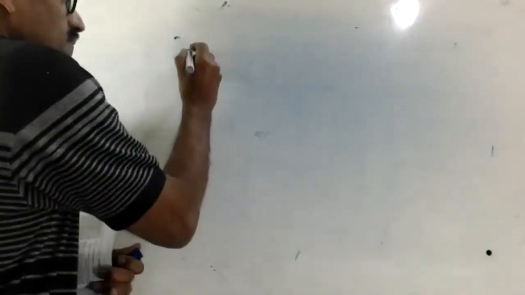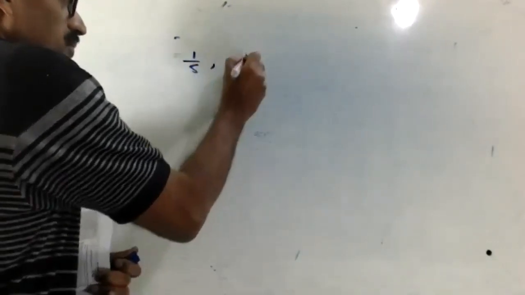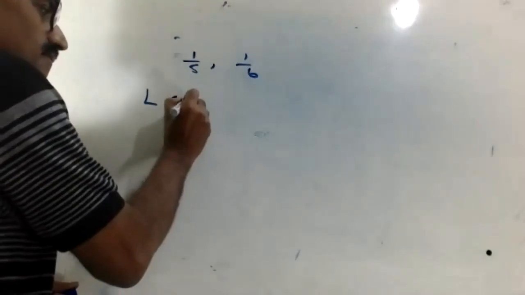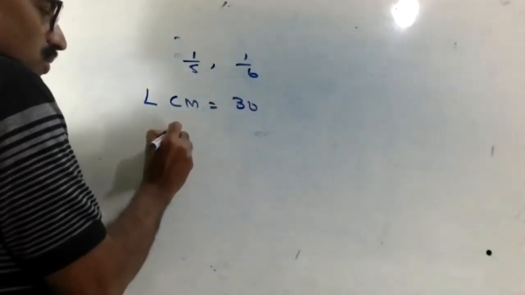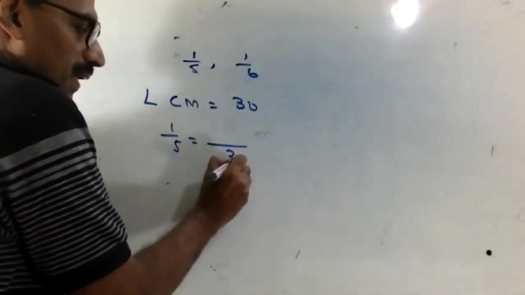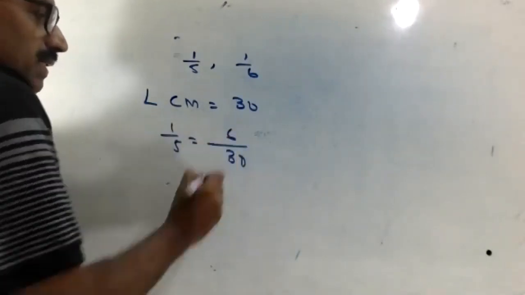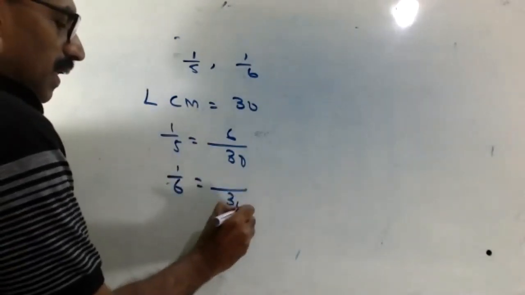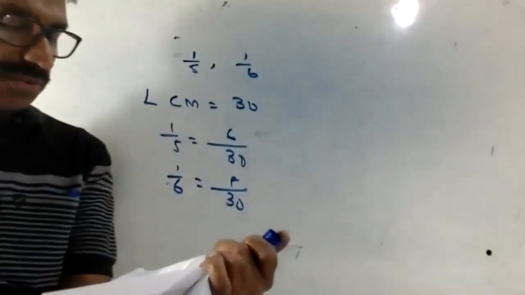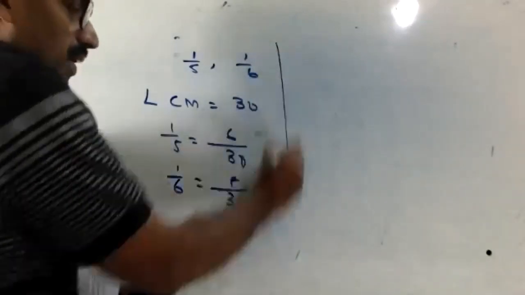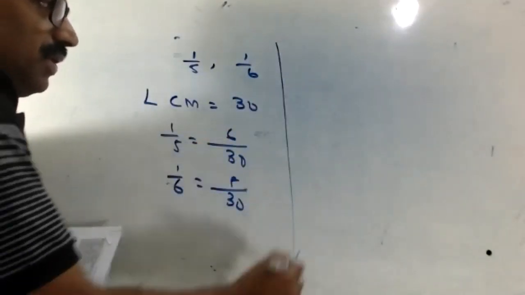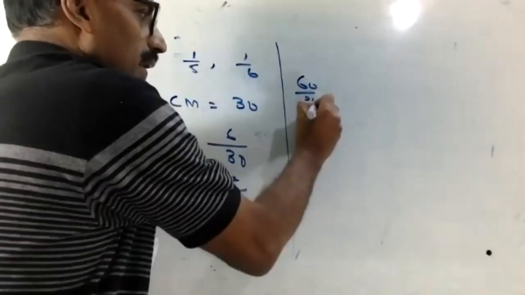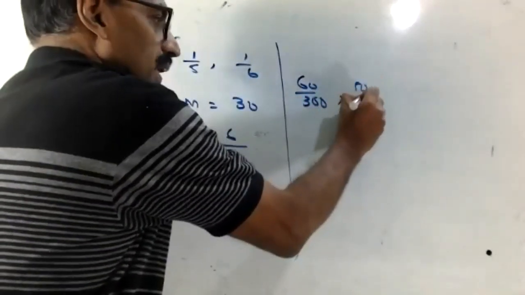Okay, the question was 1 by 5 and 1 by 6. So the LCM is 30. So 1 by 5 equals 6 by 30, then 1 by 6 equals 5 by 30. But we need 4 rational numbers, and we cannot find them between 6 by 30 and 5 by 30. So what will we do? 60 by 300 and 50 by 300.